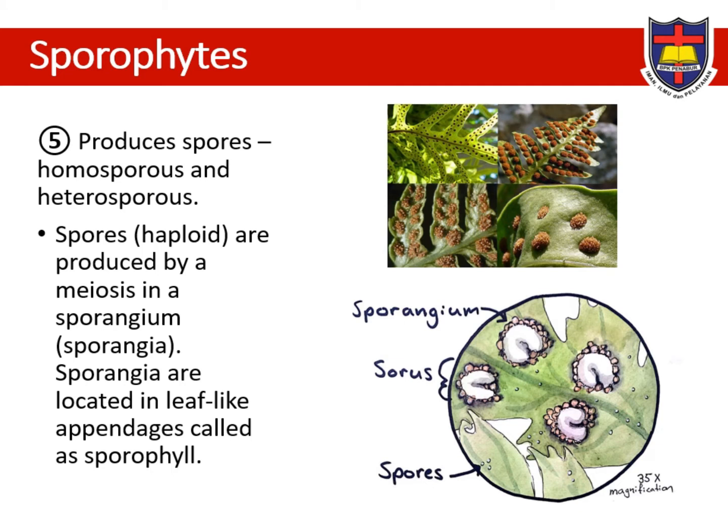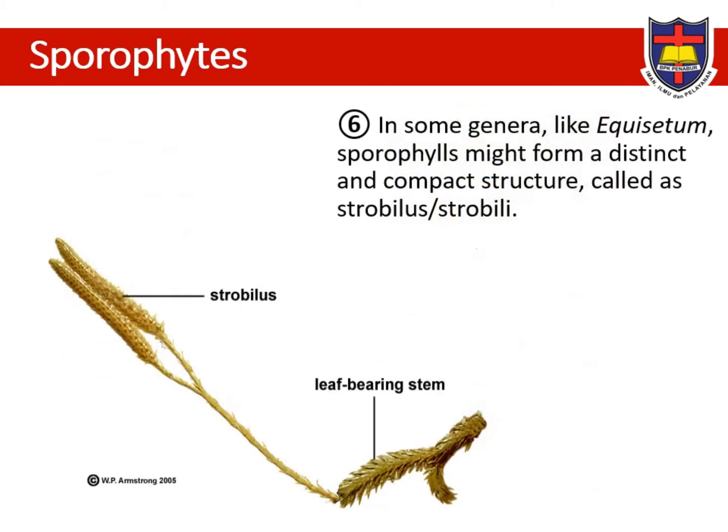Sporangia are located in leaf-like appendages called sporophyll. In some genera, like Equisetum, sporophylls might form a distinct and compact structure called strobilus or strobili.